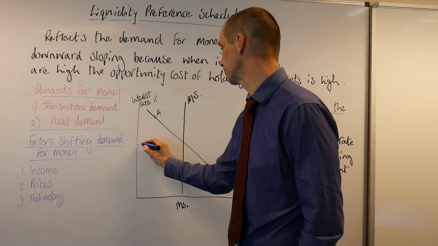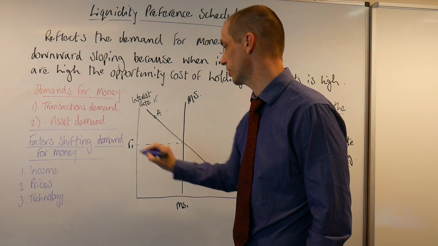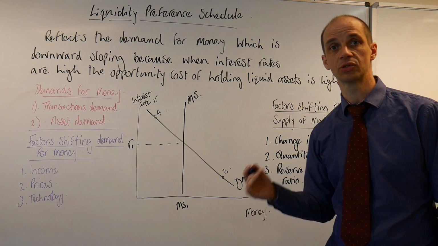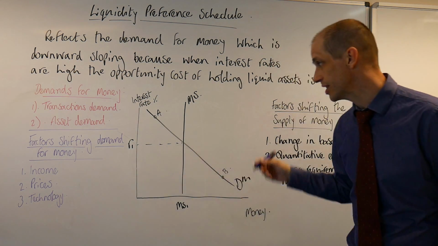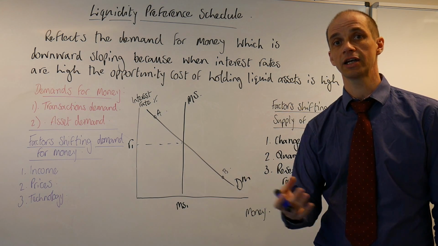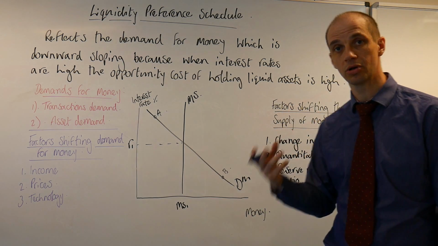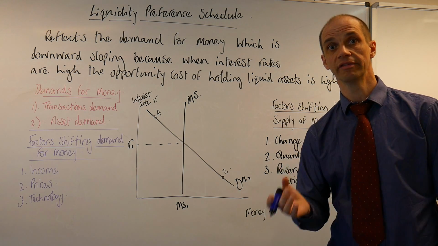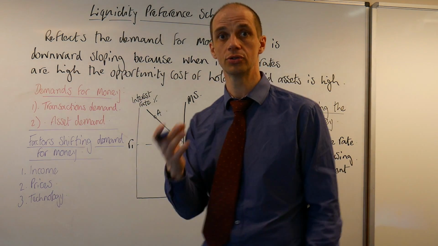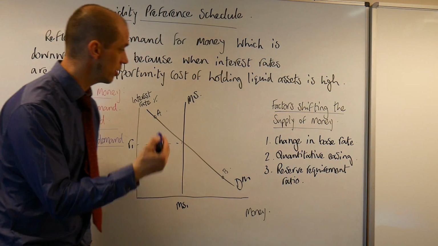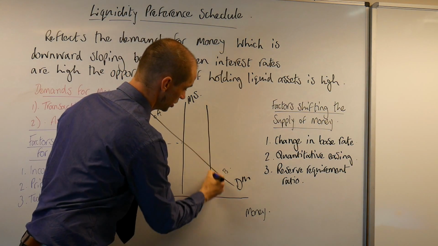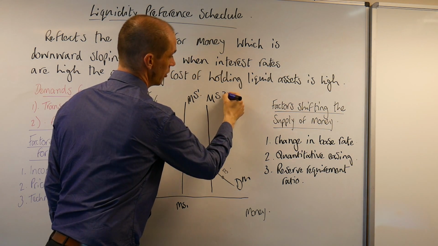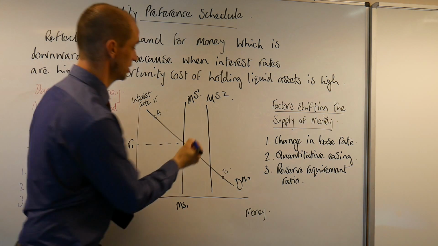We can see that this corresponds with an interest rate of R1, so R1 at MS1 here. Now if the central bank and the Monetary Policy Committee decide to engage in quantitative easing, or open market operations as it's also known, then the money supply would shift to the right, and we'd go from money supply 1 to money supply 2.